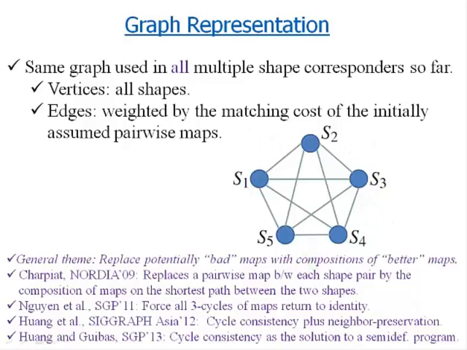The Stanford group has used the same exact graph, but they have approached it differently. They forced all three-cycles of maps on this graph to be identity maps. And next year they added additional constraints to the cycle consistency. And most recently they established cycle consistency as the solution to a semi-definite program.